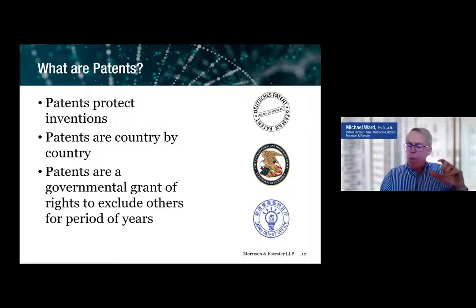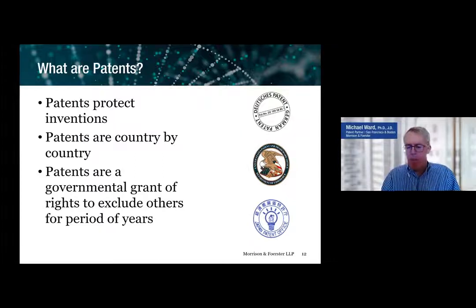You may have a worldwide patent application, a WO or a PCT application that allows you to file patent applications around the world. But each country is a separate patent, right? If you want to protect in Europe, for example, you maybe have a European patent application, but at the end of the day, each patent has to go into each country.